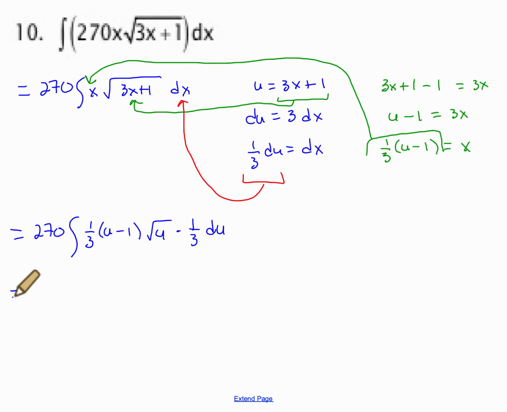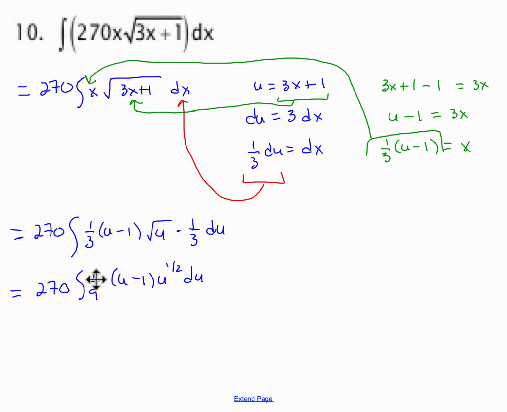So now we have 270. We'll clean this up a bit. Integral, 1/3 times 1/3 is 1/9, times u minus 1. I'm going to rewrite square root u as u to the 1/2. You'll see why in a second if you don't already. And then we have du.